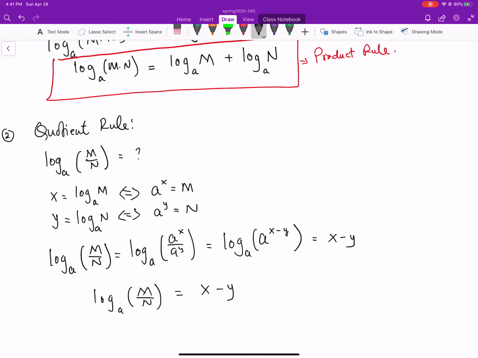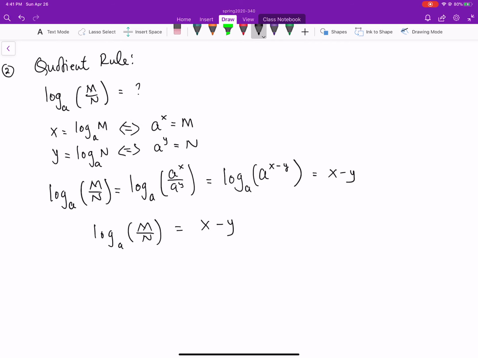All right, so we are saying that log a of m over n is equal to x minus y. Well, we can replace what x and y are because we know what they are in terms of logs. So log a of m over n is the same as x, which is log a of m, minus log a of n.